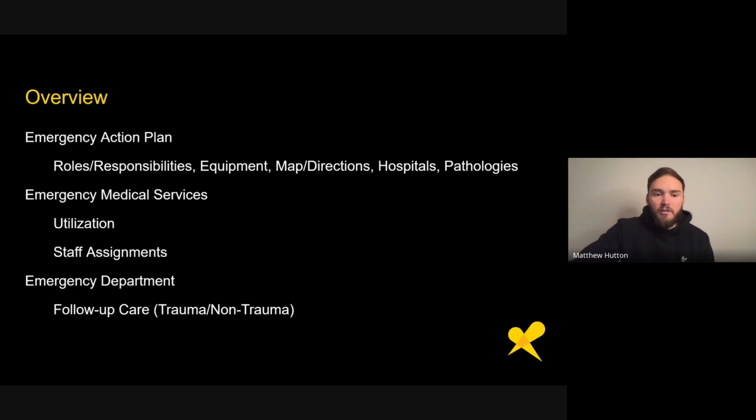Then EMS and the different times that you would or would not utilize emergency medical services and transportation, the different staff assignments, whether they are staying at the site of the injury or going with the athlete to the hospital. And lastly, we'll go through follow-up care just briefly, the differences between which centers you might send them to.